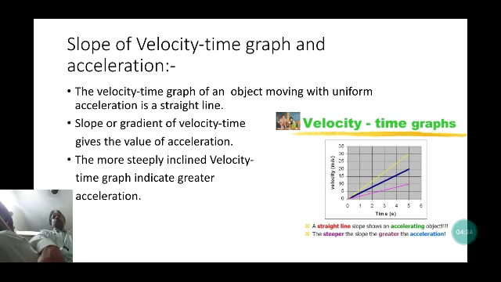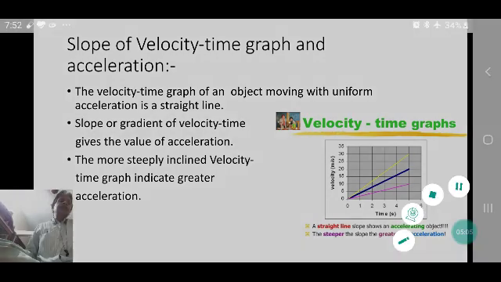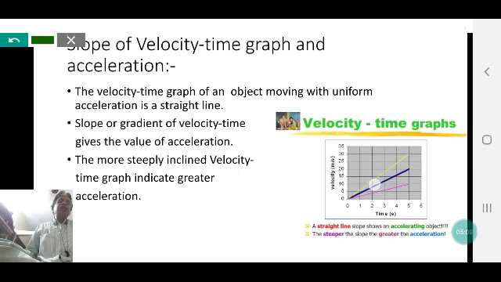Now, as we discussed, the slope of the distance time graph gives the value of speed. Now, what is the slope of the velocity time graph and which quantity does it express? That will be discussed. As you know, the slope can be obtained easily from the graph. The slope can be expressed in terms of tan theta, where theta is the angle made by the graph with the x-axis.